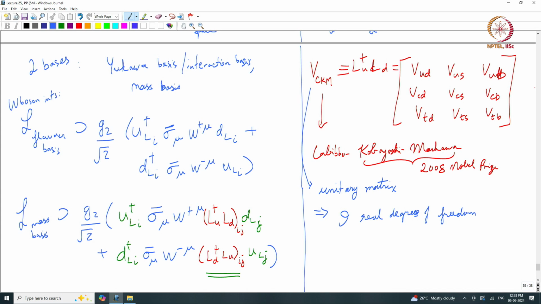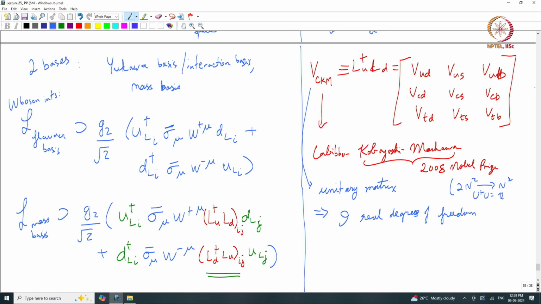So, you start out with 2n squared. Why 2? Because generically it is a complex matrix, but then it goes to n squared from the condition u dagger u equals 1.